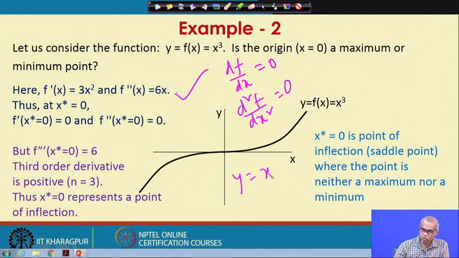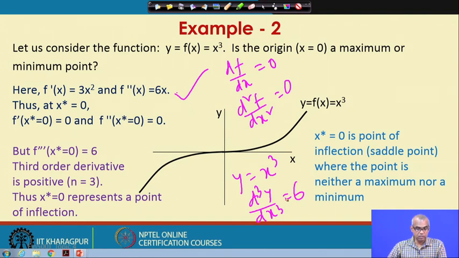y equal to x cube, df dx was 3x square, d square f dx square is 6x. So, d cube y dx cube equal to 6. This is non-zero. So, the first non-zero derivative is d cube y dx cube, the third order derivative.